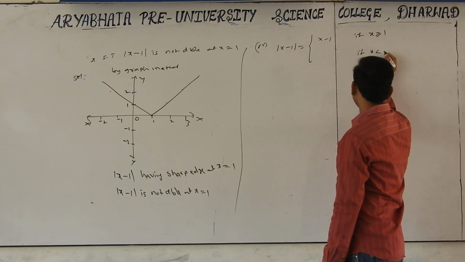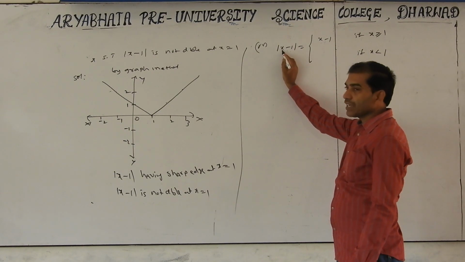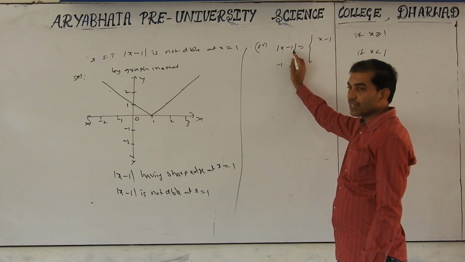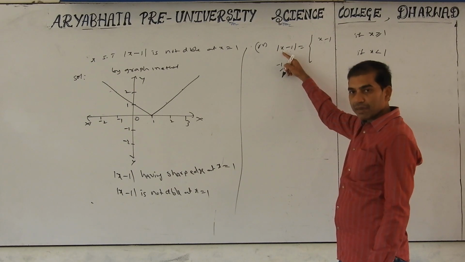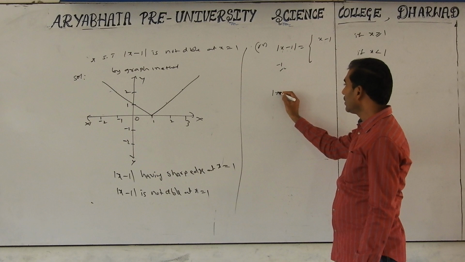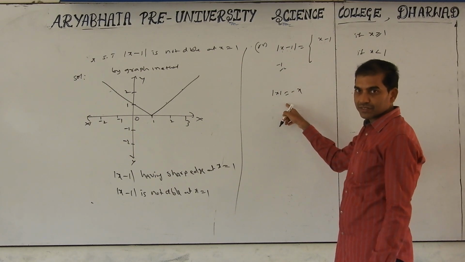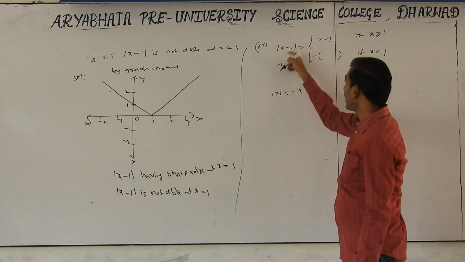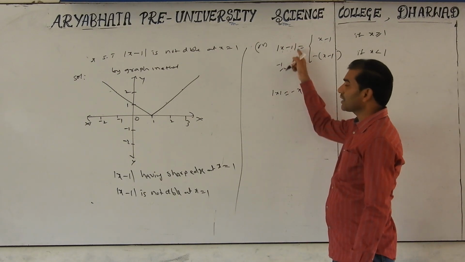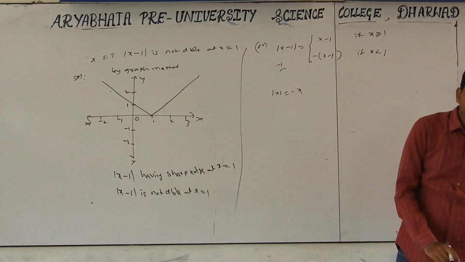If x is less than 1, below 1, if you take 0, 0 minus 1 is minus 1, then minus 1 minus 1 is minus 2. So below 1 it is getting negative. If it is negative, mod x equals minus x, so minus of x minus 1. This is considered as x. Are you following?